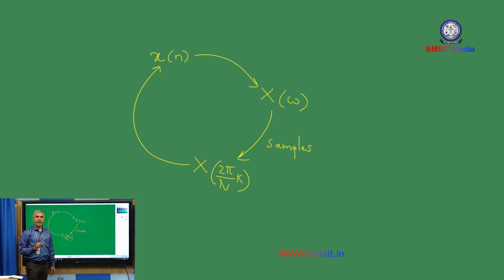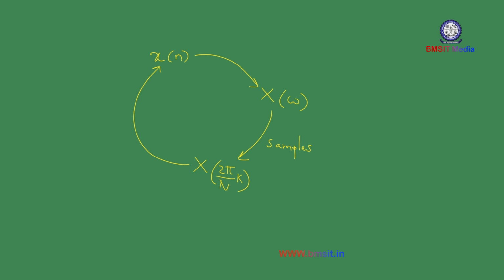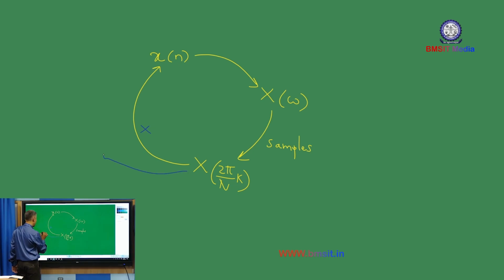Now from X of 2 pi by N k, did we actually get x of n, or was it something else? If you are listening very attentively, then you will observe that from X of 2 pi by N k, we actually obtained not x of n, but we obtained x_p of n, and from x_p of n we can obtain the x of n.